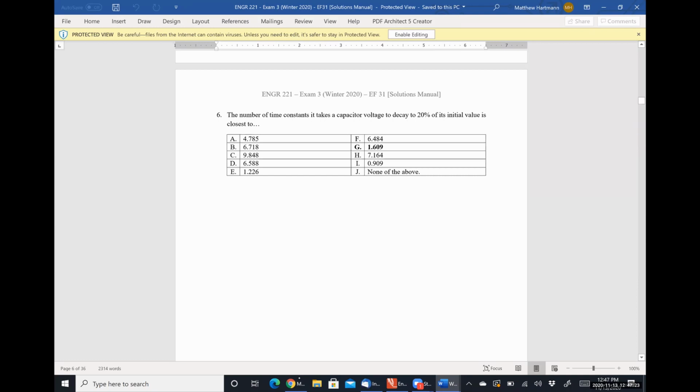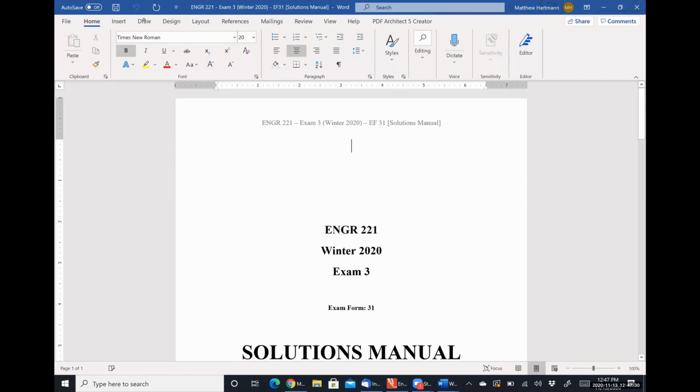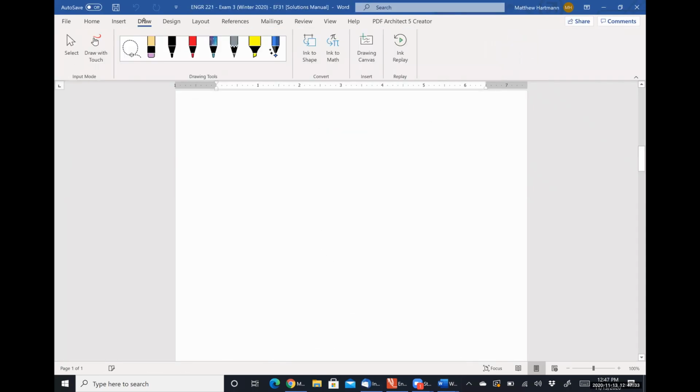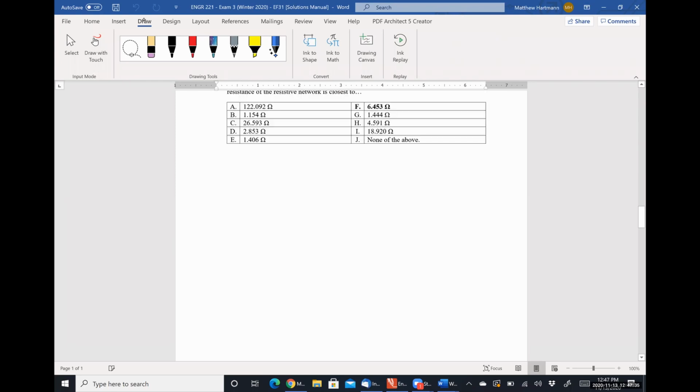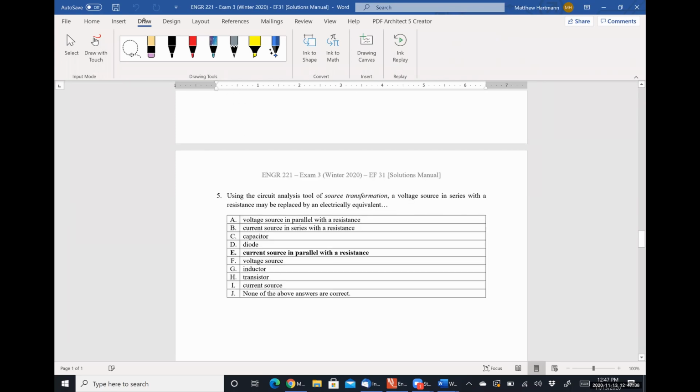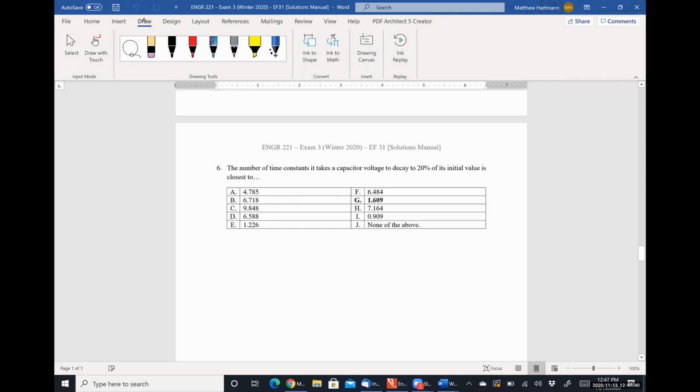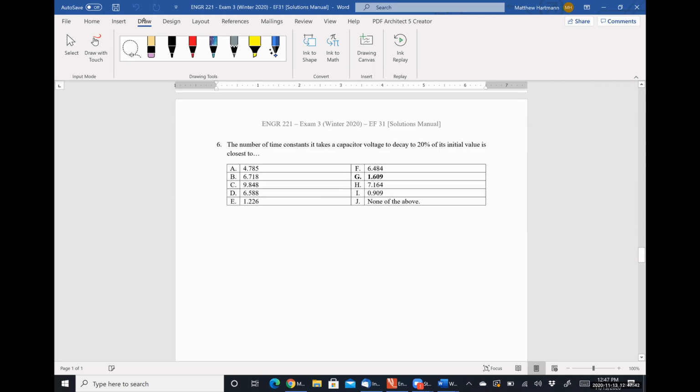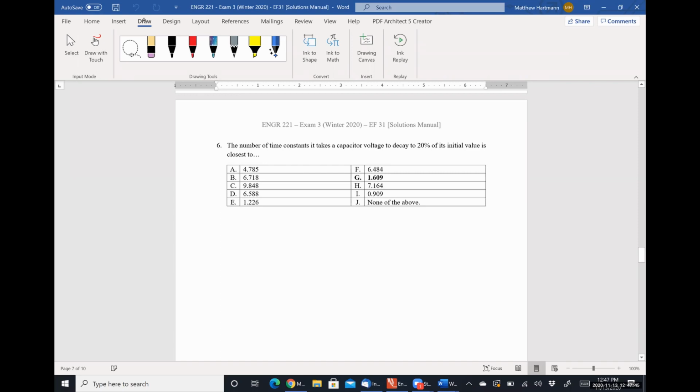All right, so the number of time constants it takes a capacitor to decay to exactly 20% of its initial value is closest to what?